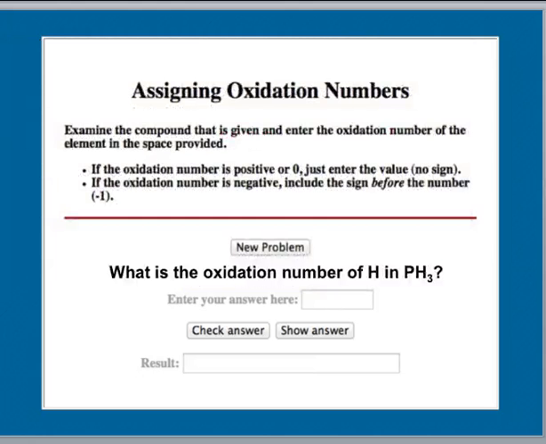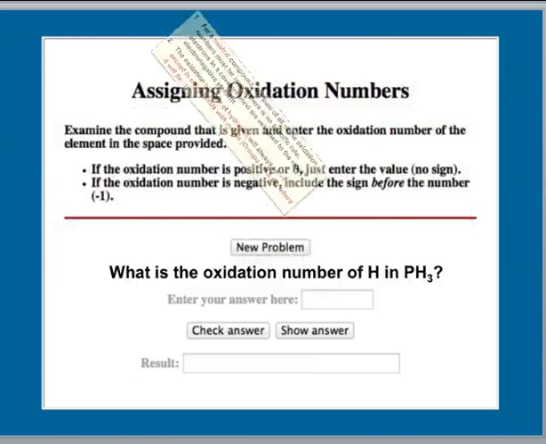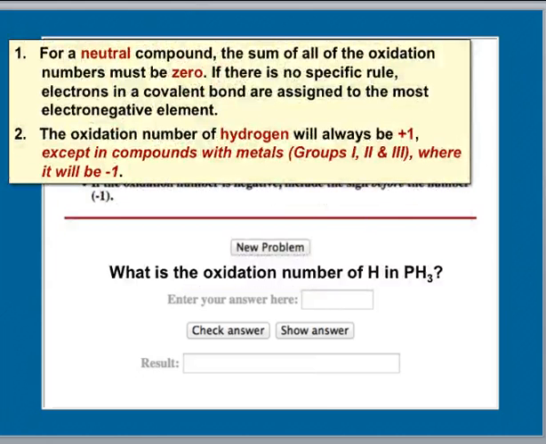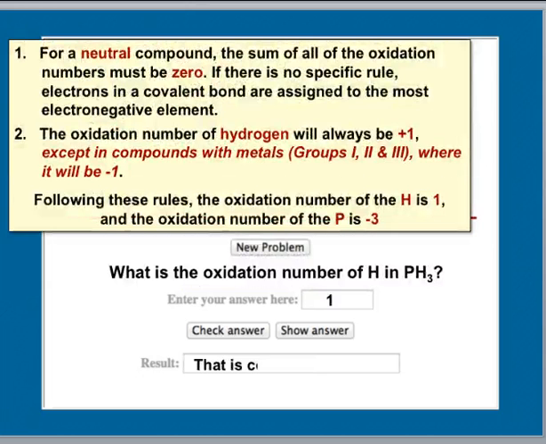So it will be +1. If it is +1, and there are 3 of them, phosphorus must be -3. Hydrogen is +1, phosphorus -3.